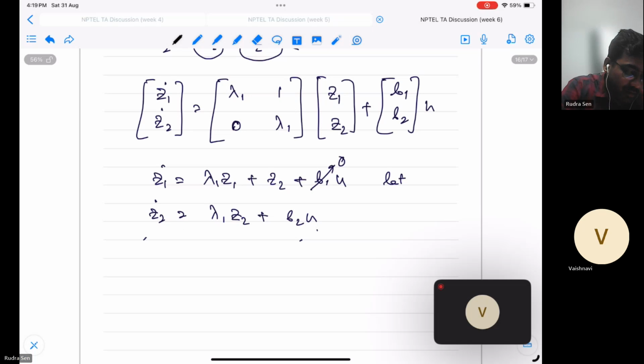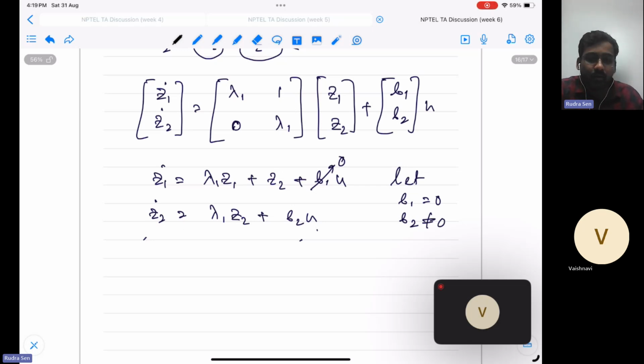Let's say here B1 is 0 and B2 is non-zero. Then what happens is that this non-zero input controls the state Z2, and this controlled Z2 indirectly controls the state Z1.